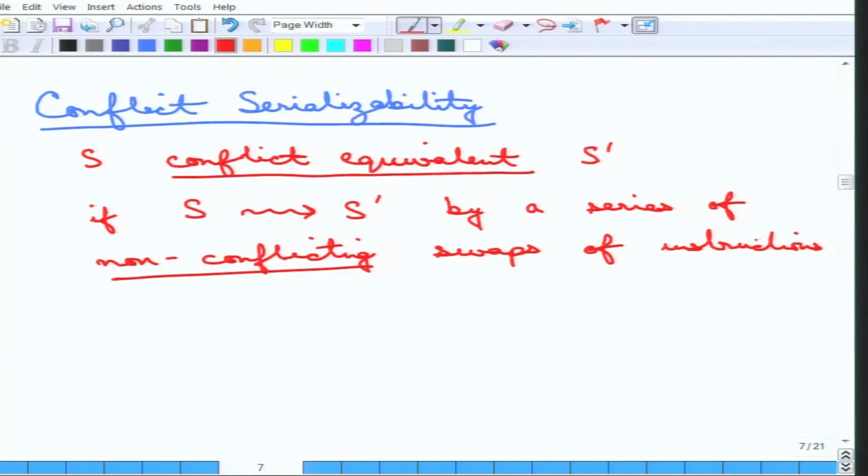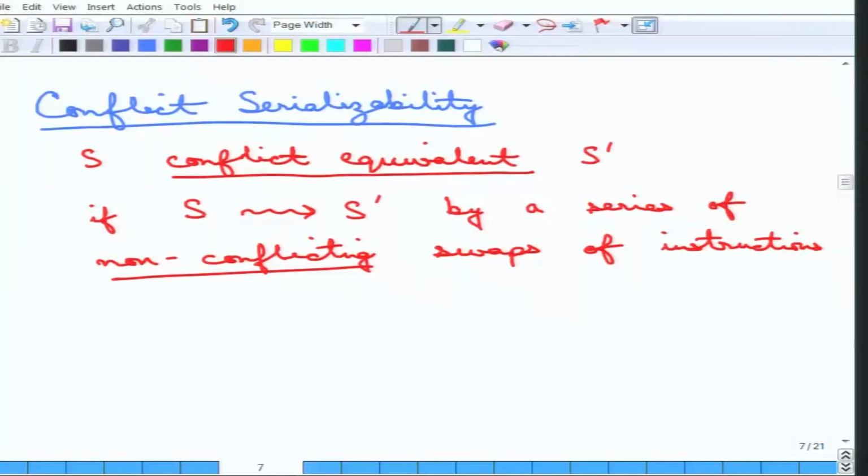Alright, so what does it mean? Suppose there is a schedule S and there are some instructions in it, and let us pick any two instructions within S, and if they do not conflict then they can be interchanged. Let us keep on doing this, and suppose by this process one gets to S dashed from S, then S and S dashed are conflict equivalent, because what we have essentially done is ensure that if two instructions do not conflict, they have been swapped.